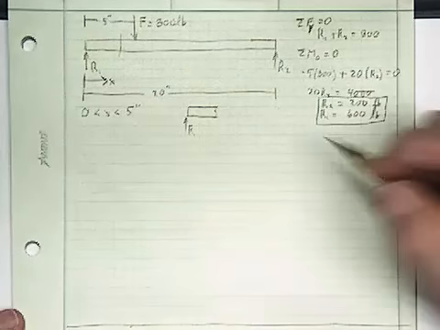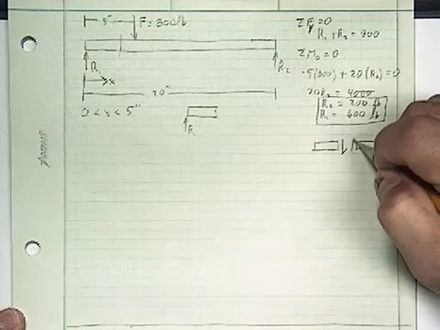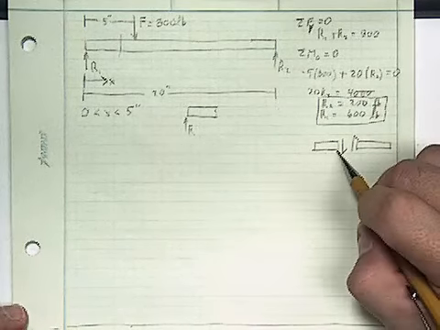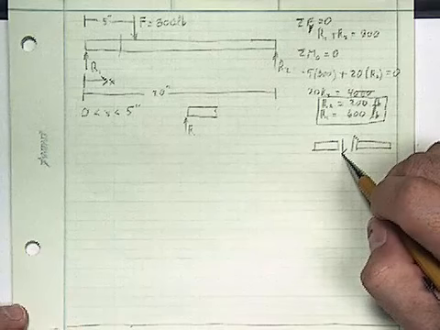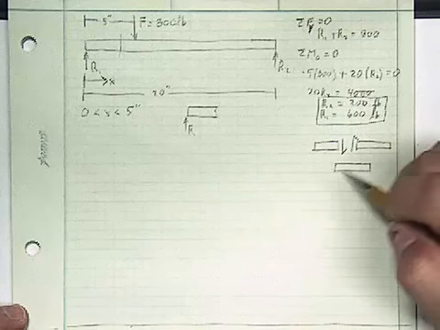The way we can draw that is if I have a beam, it's got equal and opposite forces inside, and the way I'm going to say it, if it's on the right side of the break and pointing down, that's considered positive shear.